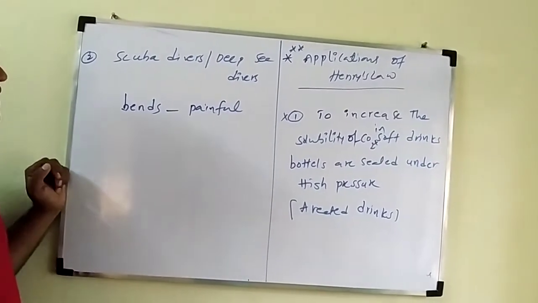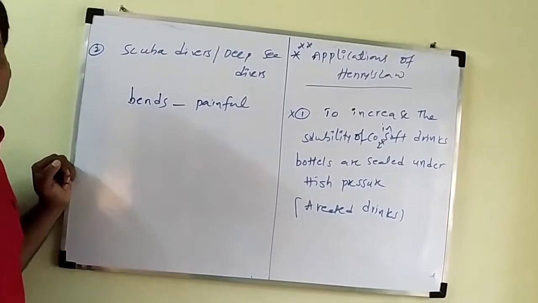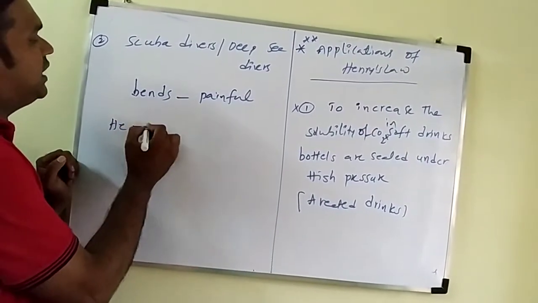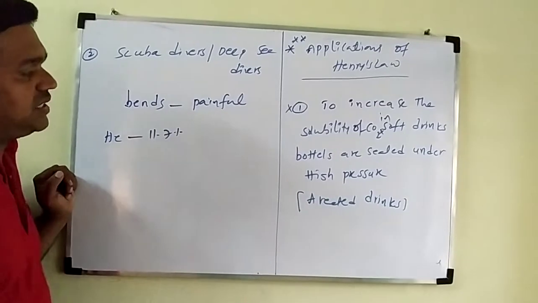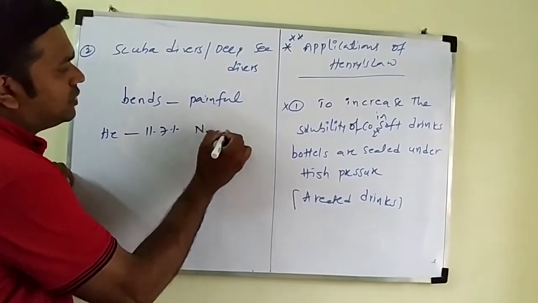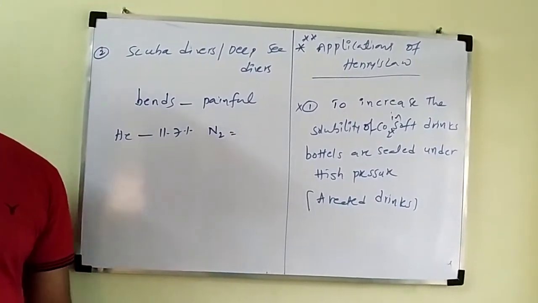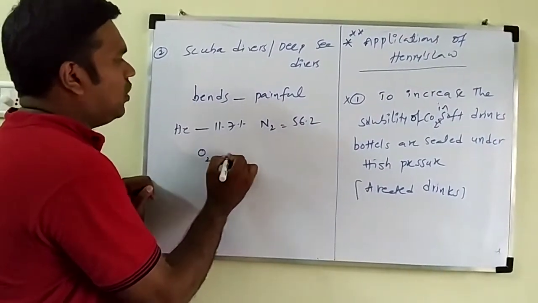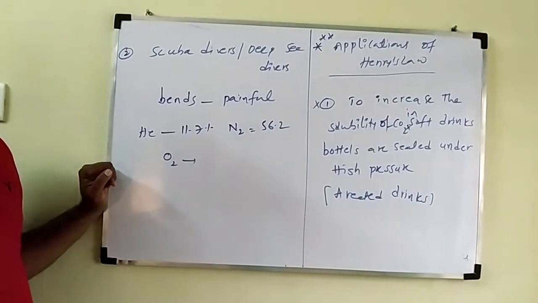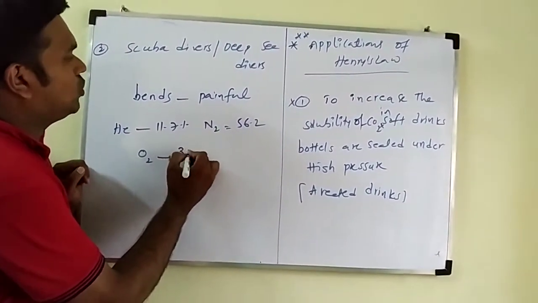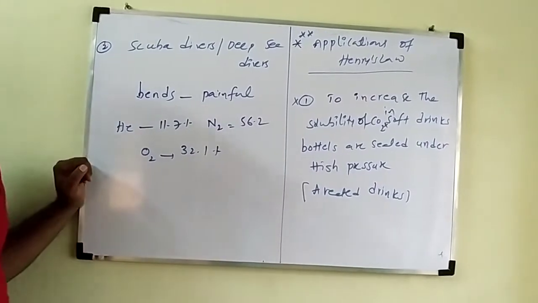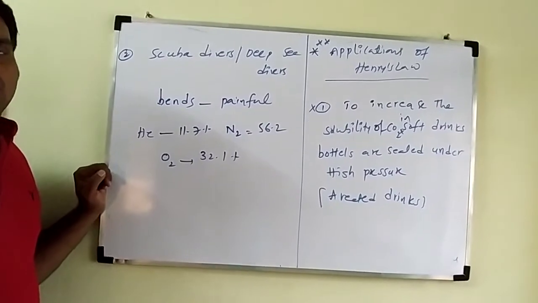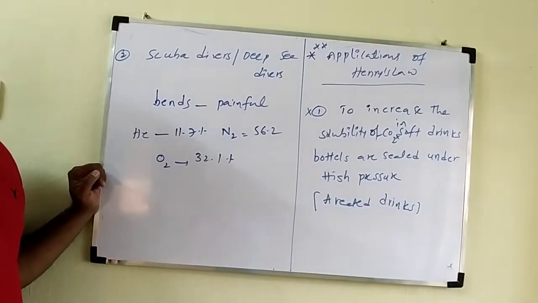Now we can see the composition: helium 11.7%, nitrogen 56.2%, and oxygen 32.1%. Why do they dilute the respiration tanks with helium?